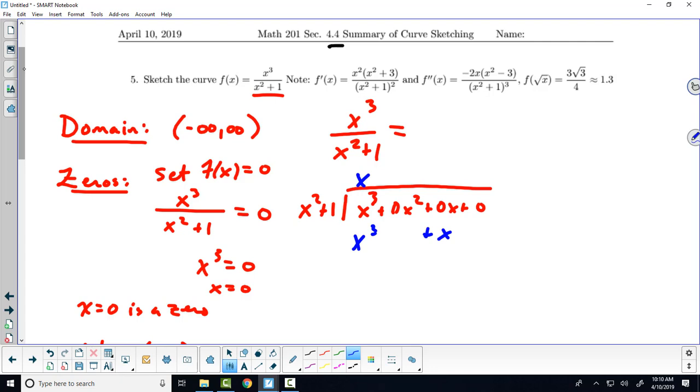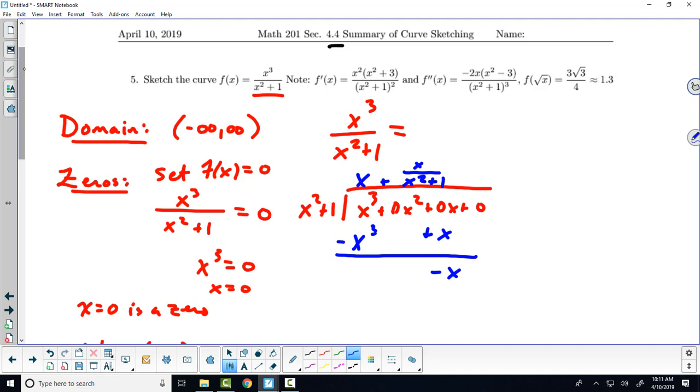But notice now that when I subtract this down, I end up with a minus x here. What do we know about the degree of this compared to the degree of this? This has a first degree, this has a second degree, so this now has a smaller degree than what I started with, and so that's equivalent to having a remainder term that it doesn't go into anymore. Okay? So that means I could rewrite this as plus the remainder over the divisor, just like I did in that fraction just a moment ago.